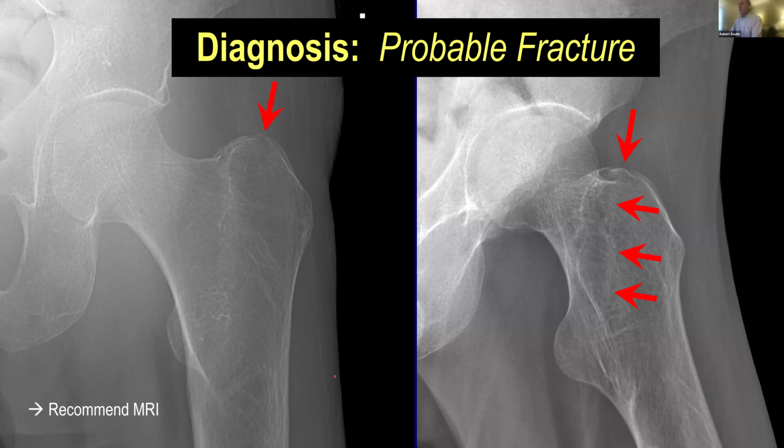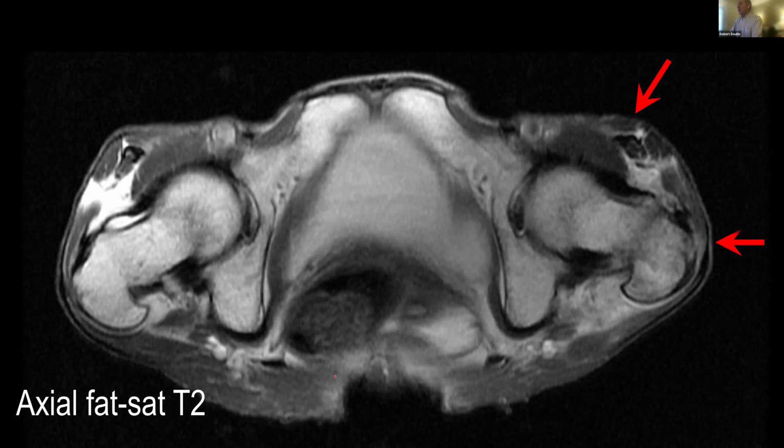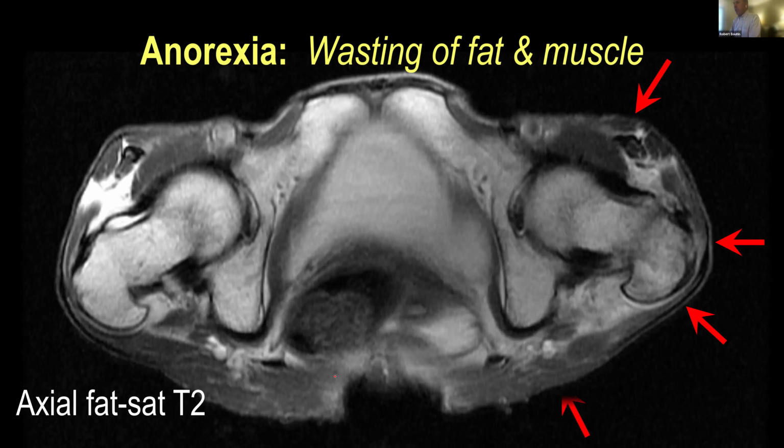The one time where these stress fractures are not conspicuous on MRI is in a patient like this, a patient with anorexia. You can see the wasting of the muscle and fat in this person.